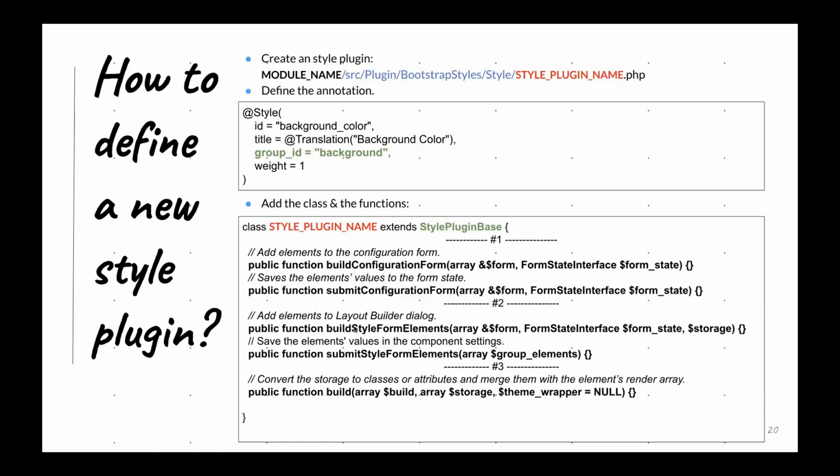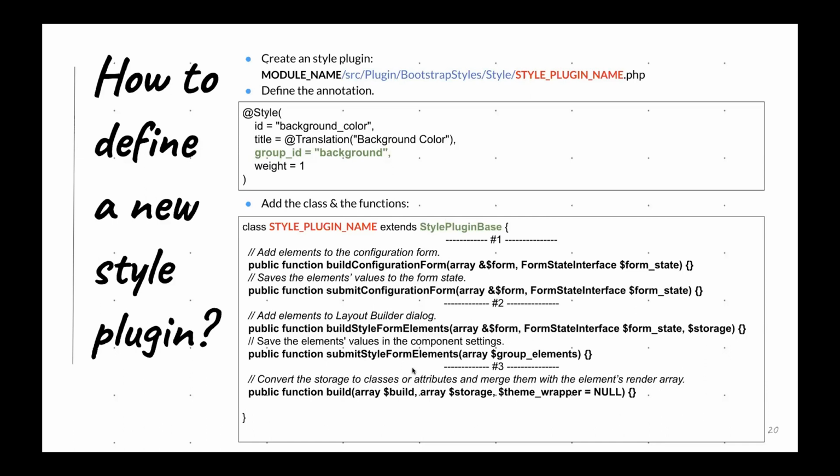Again, add elements to layout builder dialog. Here you can inject the fields that you like to use on layout builder front end. The new one, which is build, the responsibility of build is to inject the Drupal render array.